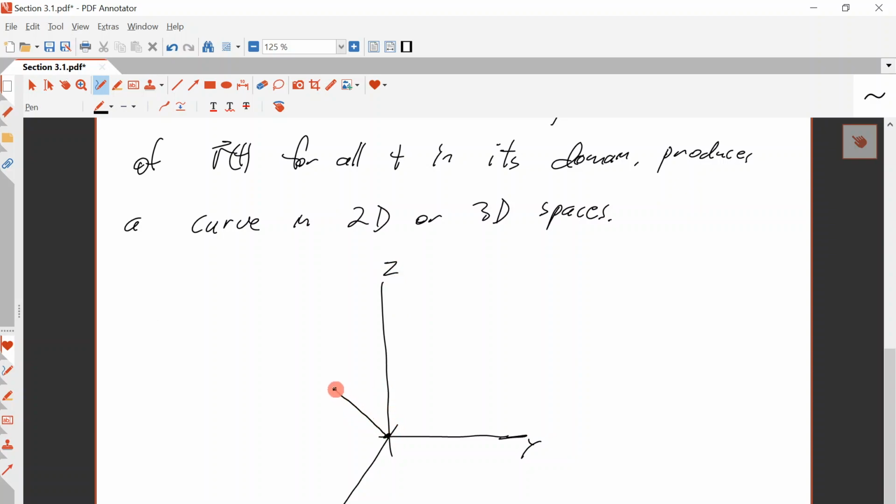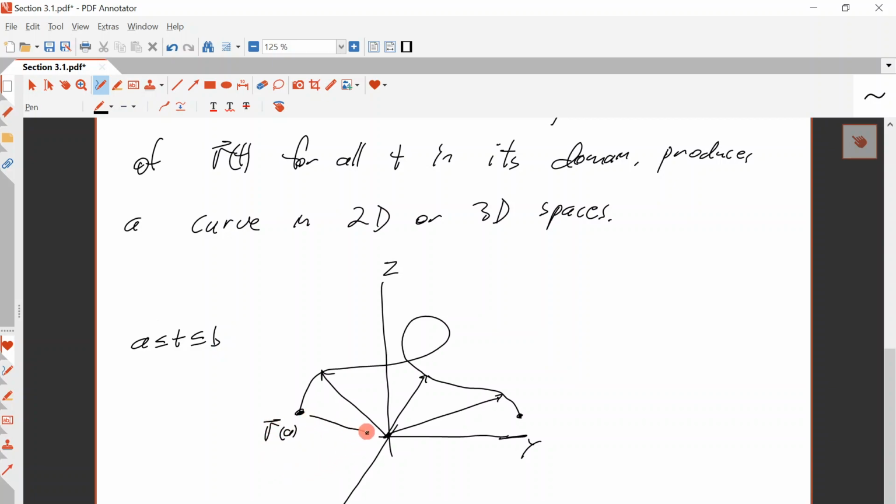And then r of t is describing the position of some particle as it travels through space, right? So we'll say a is less than or equal to t less than or equal to b. This would be r of a right here. This vector here would be r of a. This would just be some r of t where t is somewhere in between. And then r of b would be over here, this last one.